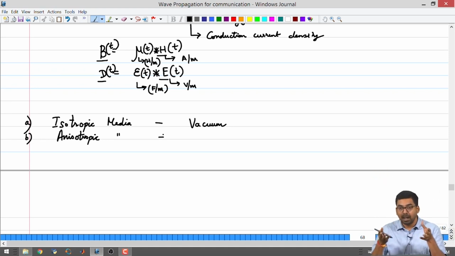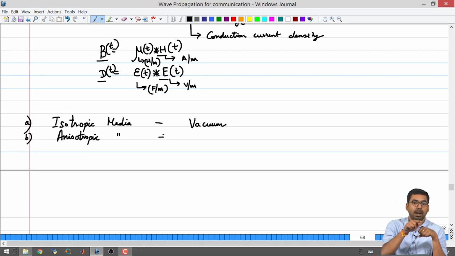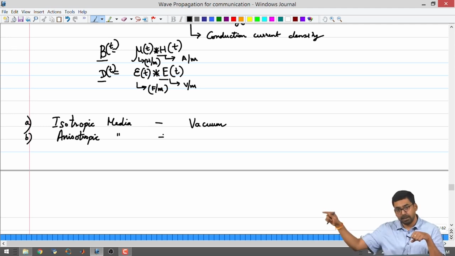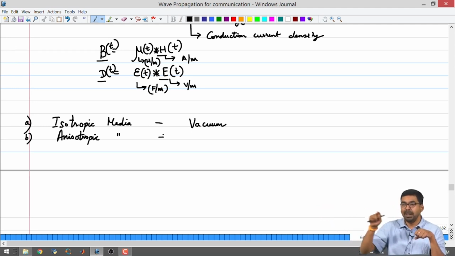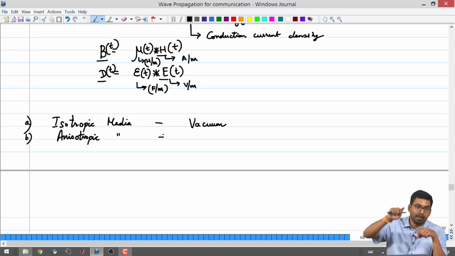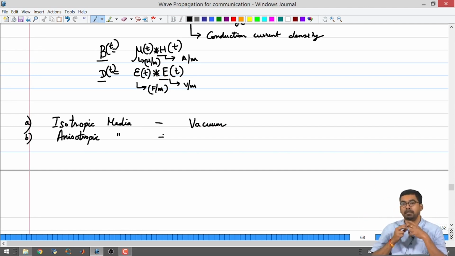Say you would be studying silicon mostly in this solid state course, and you would be studying the positioning of the silicon atoms, and silicon will have some value of permittivity and permeability. But if you look at these crystal structures, you will notice that the rate at which the silicon atoms occur when you travel in the x direction will be different than along the face diagonal, and different than along the body diagonal direction, etc.